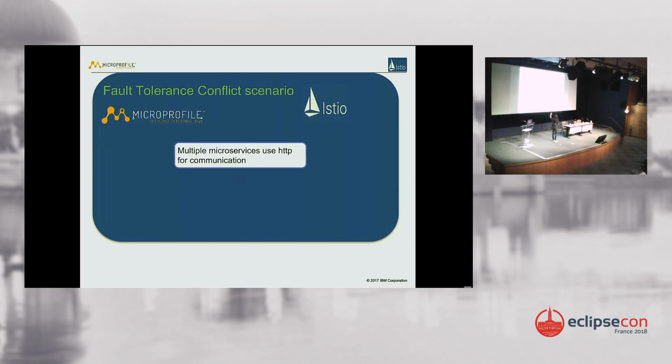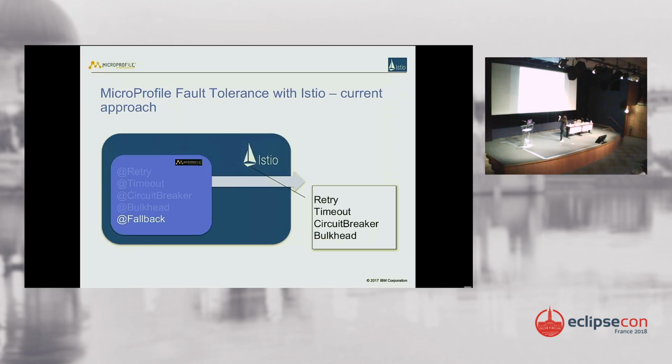So we look at the conflict scenario, which is just HTTP-related requests among the multiple microservices. How can we cope with the conflict?